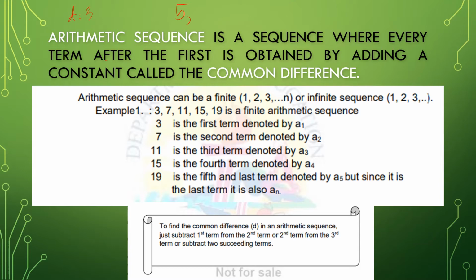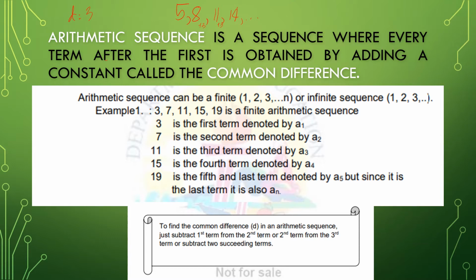So to get the next term, we simply add 3 to 5, that is 8. To get the next term, we simply add 3 to 8, that is 11. Then add another 3 to get the next term, which is 14, and so on and so forth. So this is now an example of an arithmetic sequence.